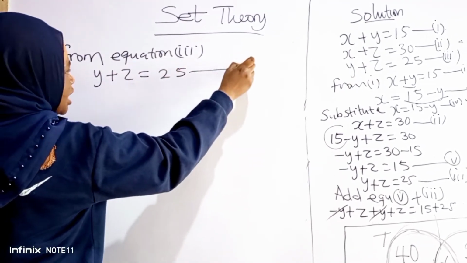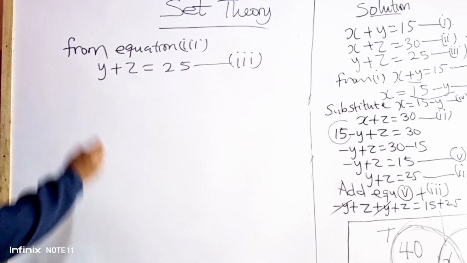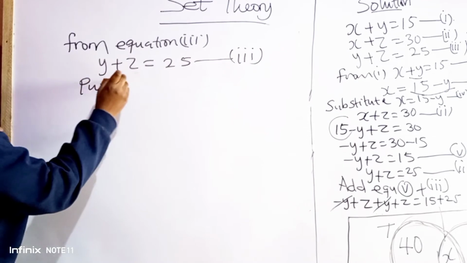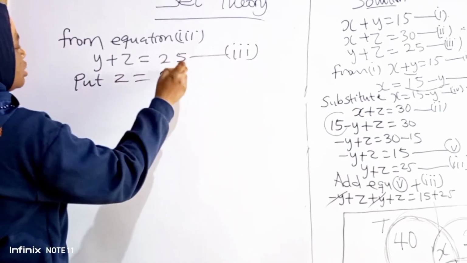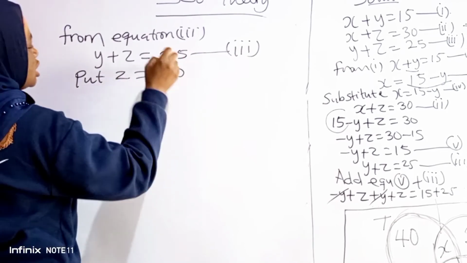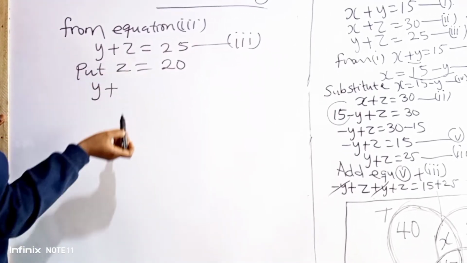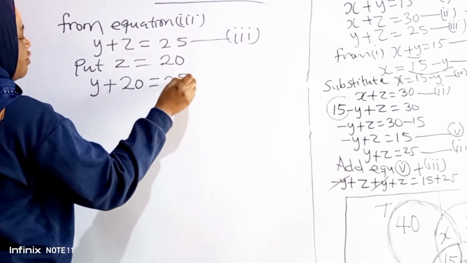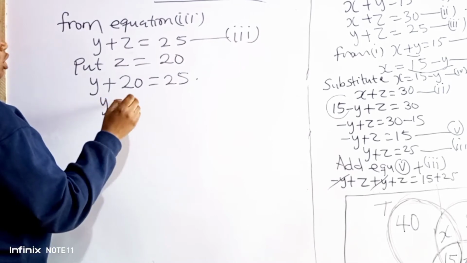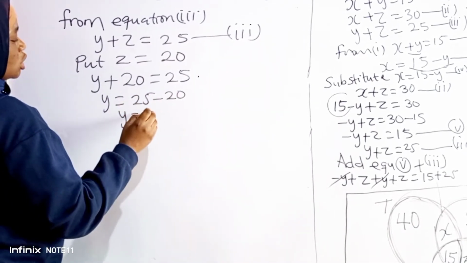You write it like this for your examiner. Now, put z is equal to 20 into this equation. So we have y plus 20 is equal to 25. So y will be equal to 25 minus 20. So y is equal to 5.